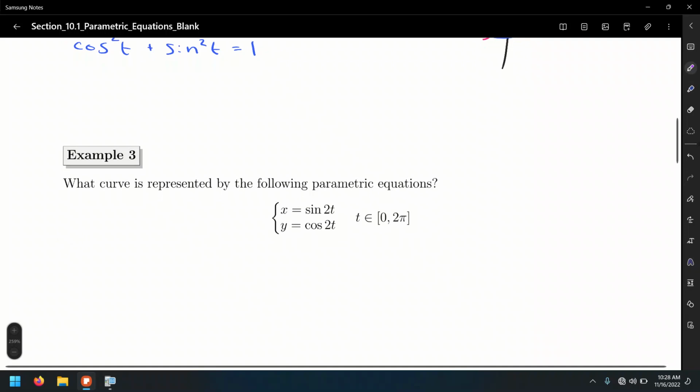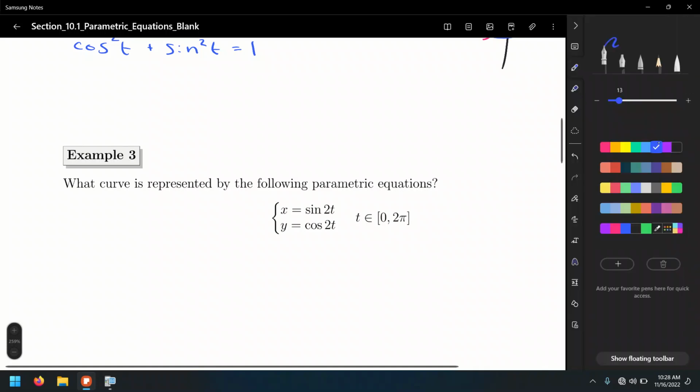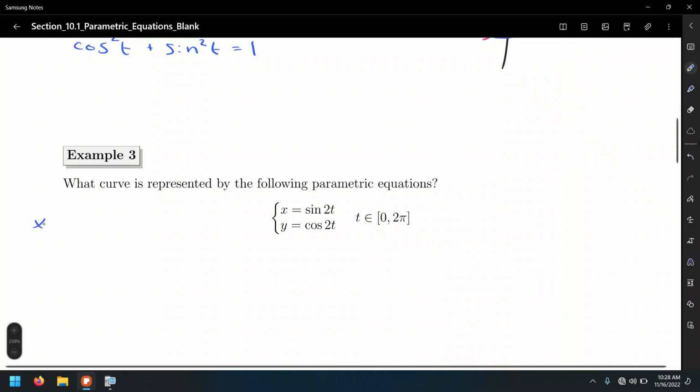Well, the difference with respect to the other example is that we have the equations reversed. So number one, let's eliminate the parameter, again using the equation of the circle, x squared plus y squared equals 1. Let's call it a unit circle for now.